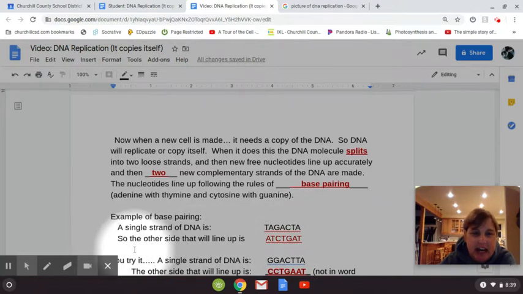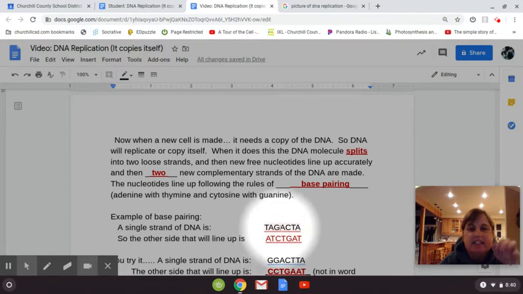The other side that's going to match up with it: since this is T for thymine, A, adenine, is going to line up with it. And since up here it was A, adenine, T, or thymine, is going to line up with that A. And since G is guanine, cytosine is going to match up with that G.